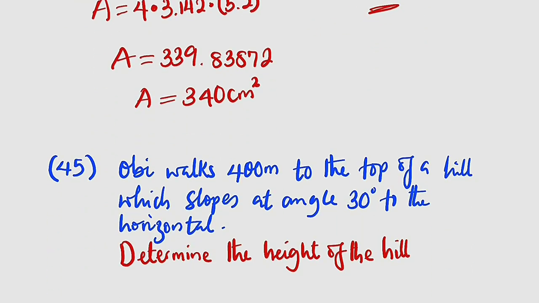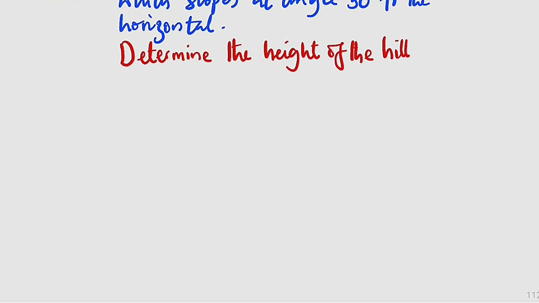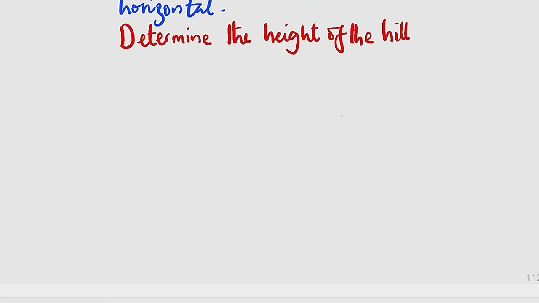Now let us move on to question number 45. Question number 45: OB walks 400 meters to the top of a hill, which slopes at an angle of 30 degrees to the horizontal. We are asked to determine the height of the hill. So let me make a simple sketch here.